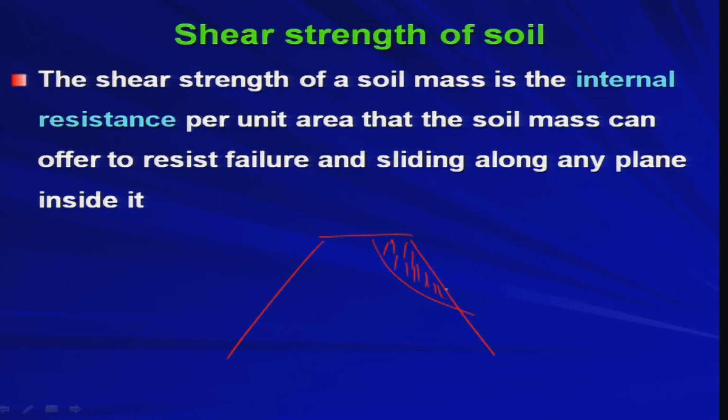This shaded part of soil will try to move, to flow in this direction. Why? If you consider this curved surface, along that surface some instability is happening, that is why the shaded soil part is getting detached, or separated out, from the rest of the soil body.